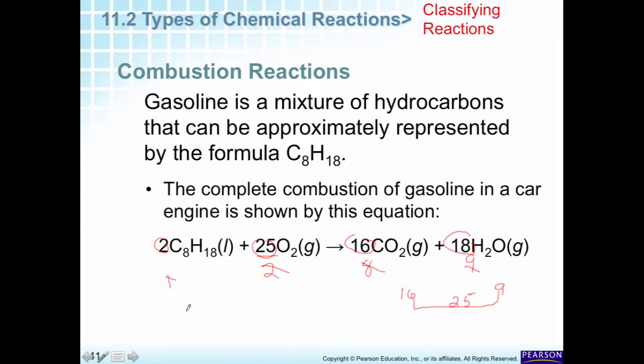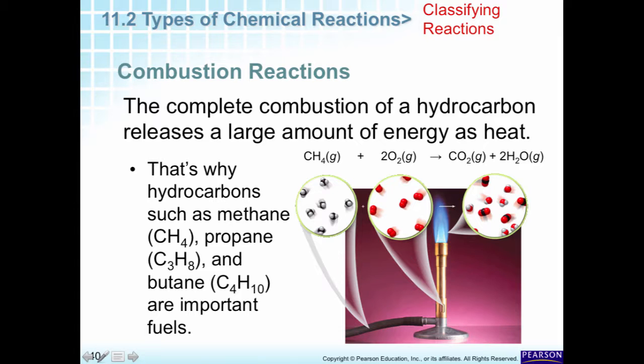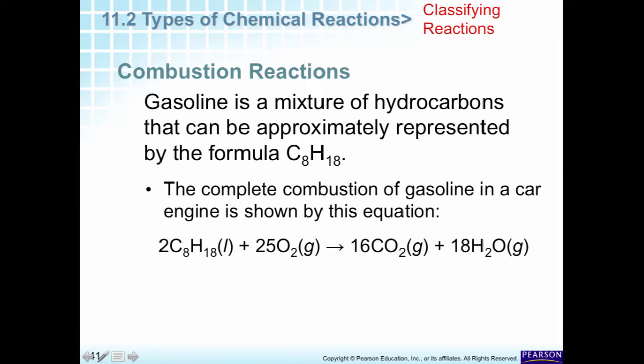I'm going to write it over one more time. If I just say C8H18 plus O2 gives you CO2, I'm not writing the gas, I'm just doing this to show you the coefficients.